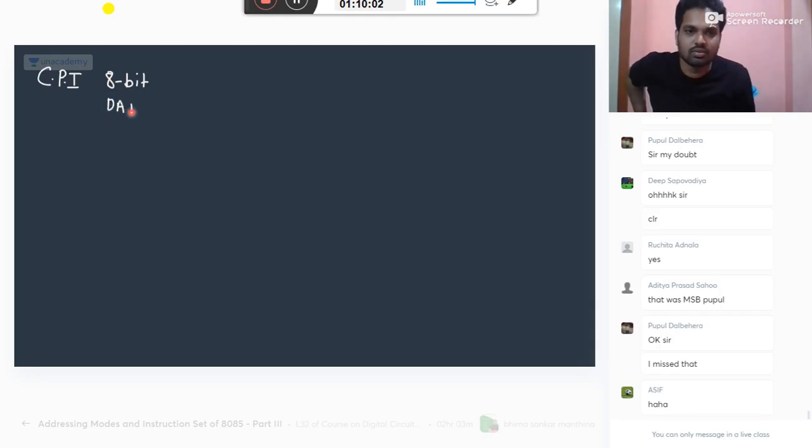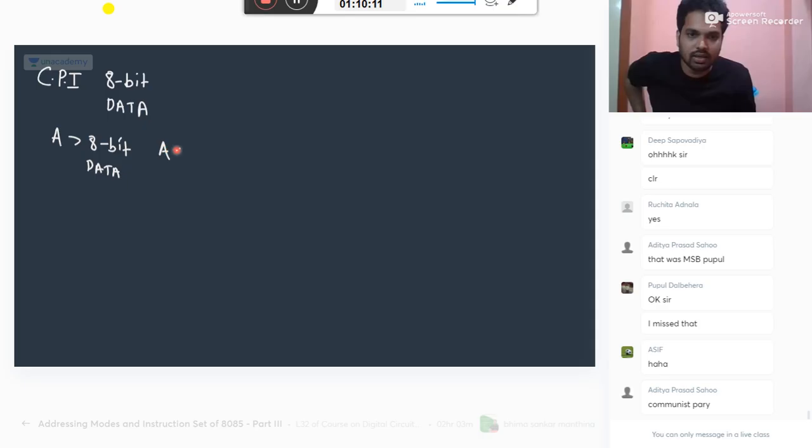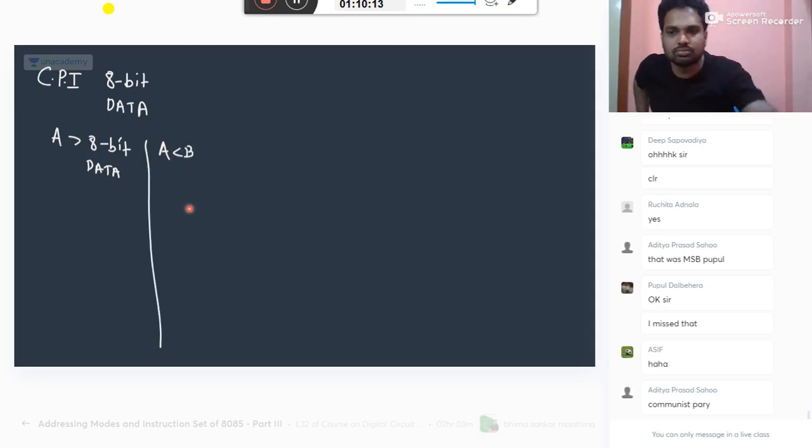Same story: carry equal to 0, zero equal to 0; carry equal to 1, carry 0, zero 1. The story is the same.